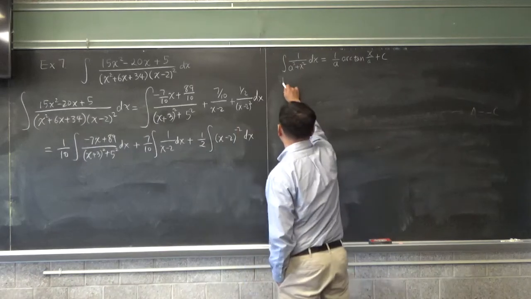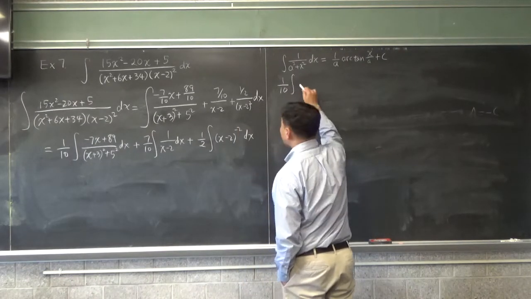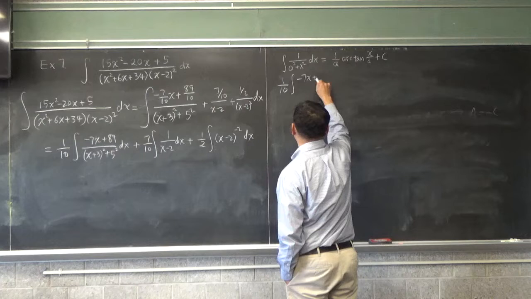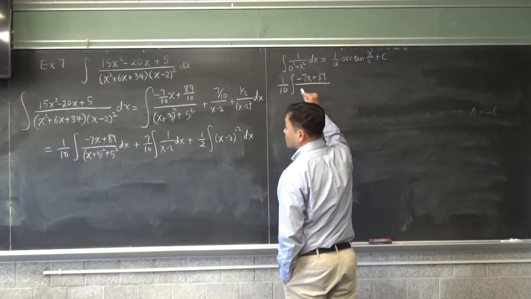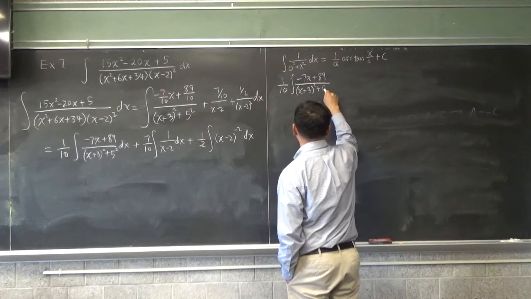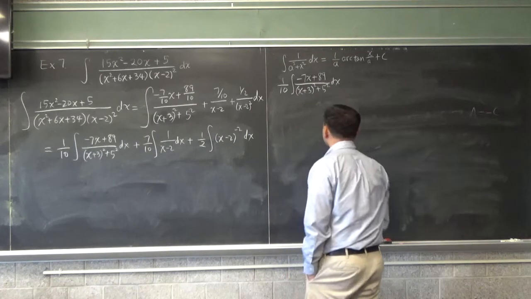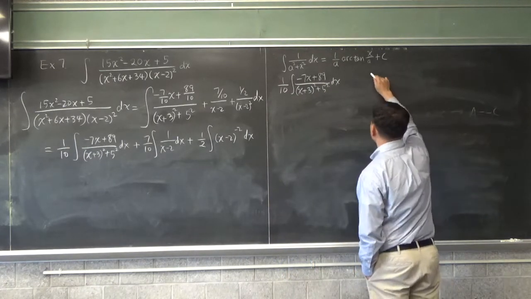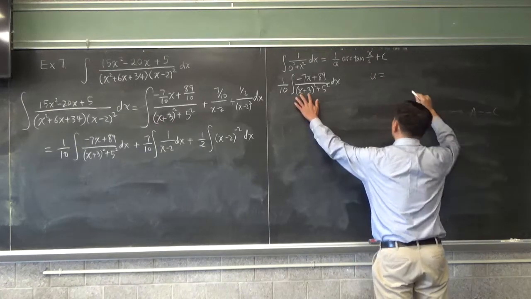So when you do the integral of 1/10 of negative 7x plus 89 over (x plus 3) squared plus 5 squared dx, you want to set u as this thing here, x plus 3.